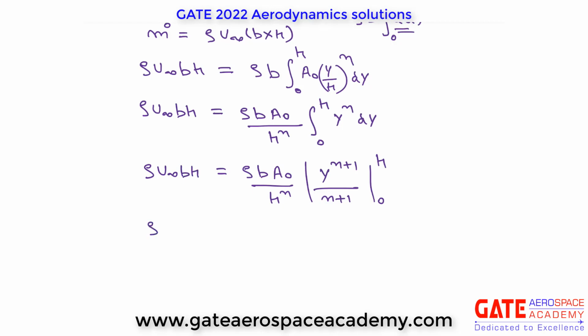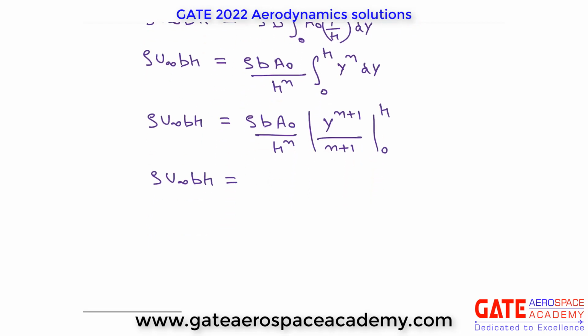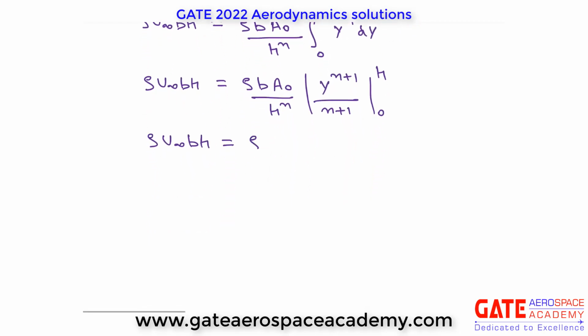So we can write rho u infinity b into h is equal to rho b a naught upon h raised to n into n plus 1. We can apply the limit, so it will be h raised to n plus 1. Right? Rho and rho will get cancelled out, b and b will get cancelled out. Correct?